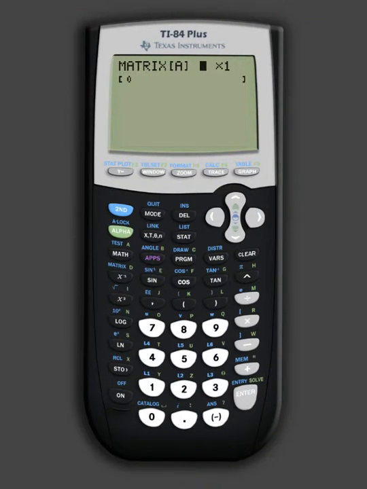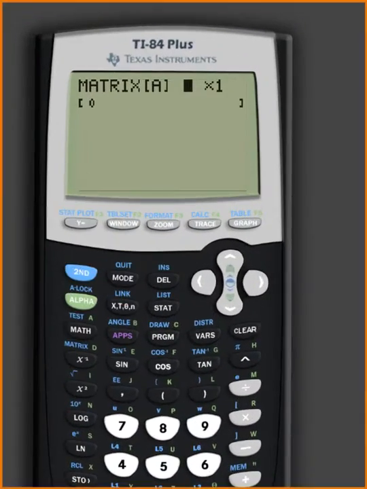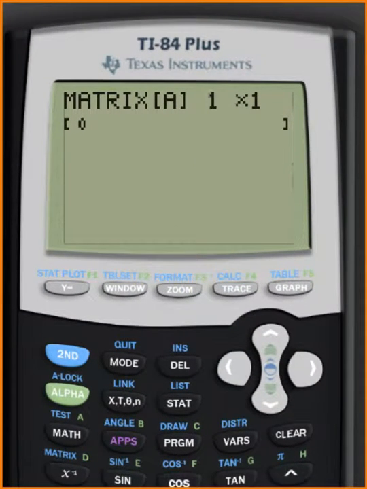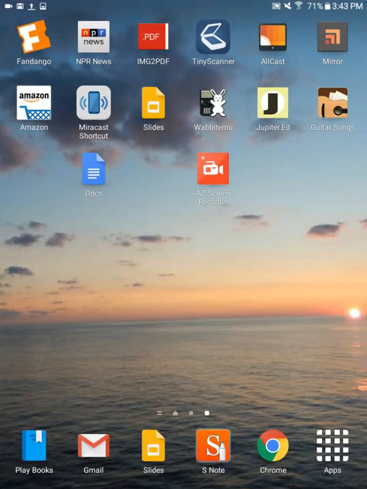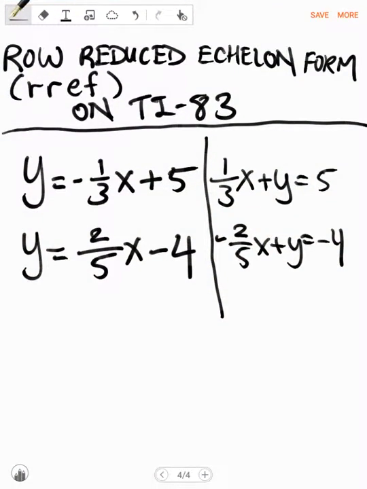Then the screen is going to turn into this. This is going to ask us to enter the system of equations into the matrix. Notice up here we have something called 1 by 1. This is the size of the matrix. Let me zoom out, go back to this screen, and talk about this briefly. There are two variables and one solution on the first equation. Same thing over here: two variables and one solution.